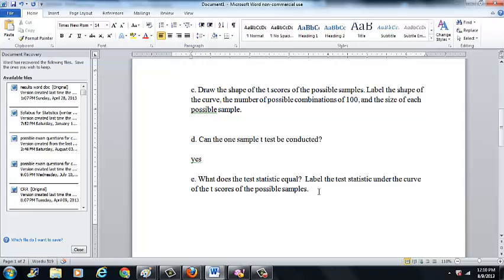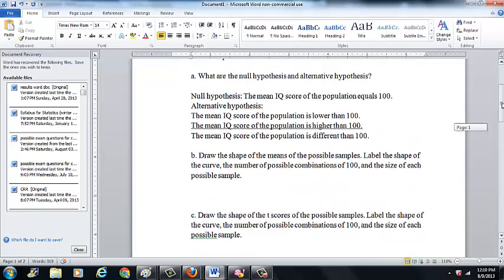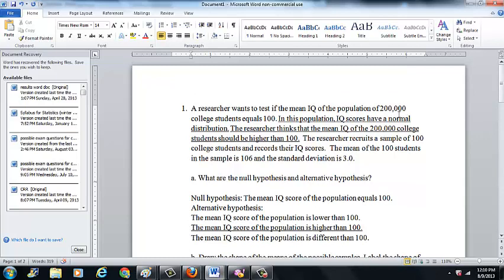What does the test statistic equal? We need the formula for the test statistic in a one-sample t-test.